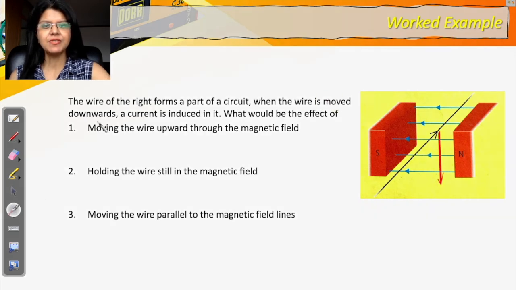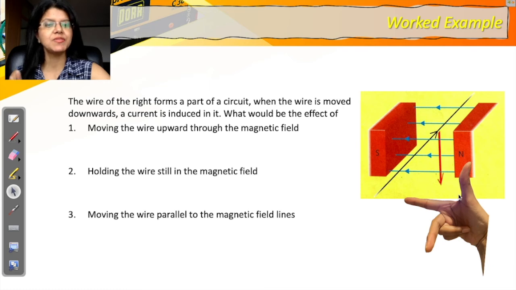When the wire is moving downwards, a current is induced in it. What would be the effect of moving the wire upward through the magnetic field? So instead of moving the wire downwards, if you're moving the wire upward, what will happen to the current?